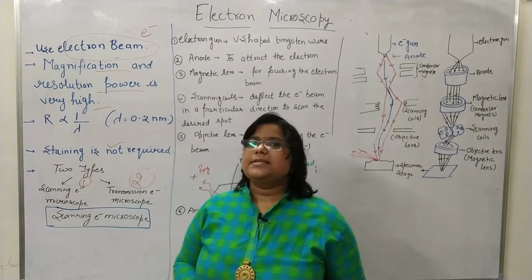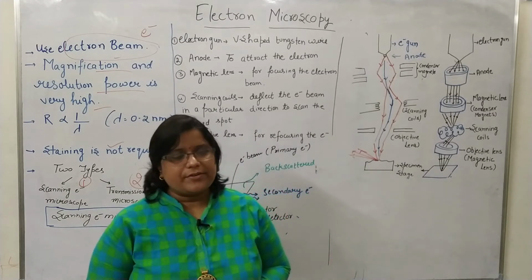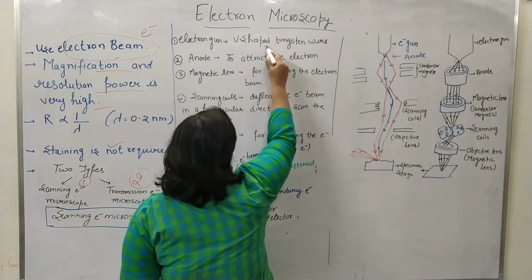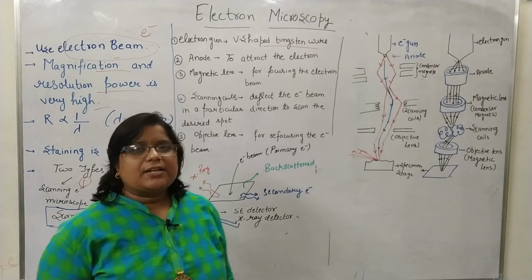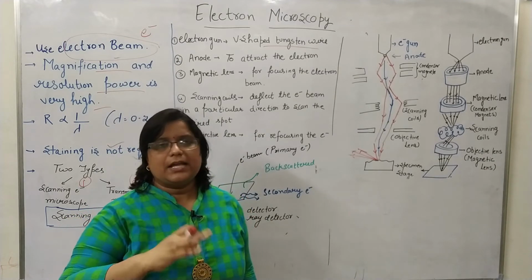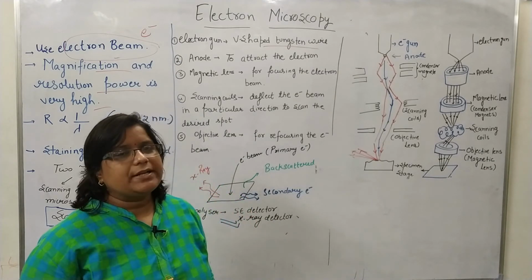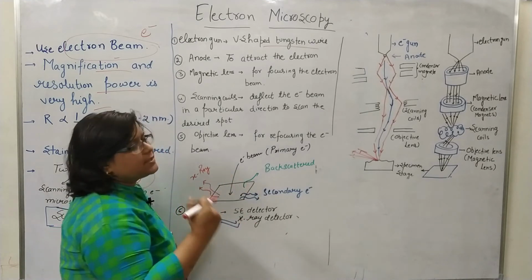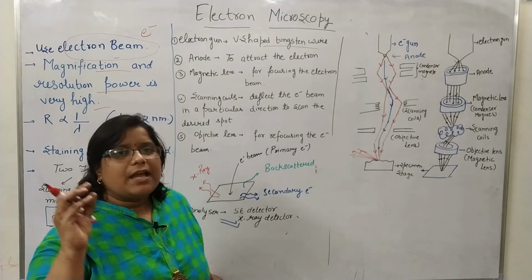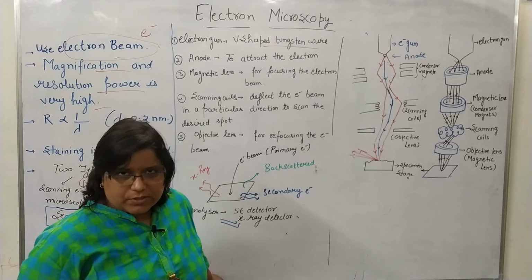Here the main thing is that the electron beam is generated with the help of tungsten wire. High electricity flows through the tungsten wire, so the tungsten wire is able to generate the electrons.